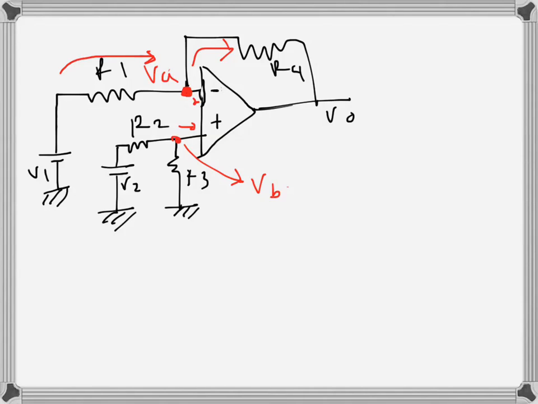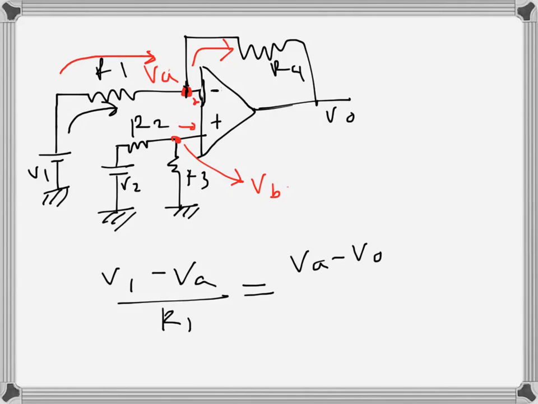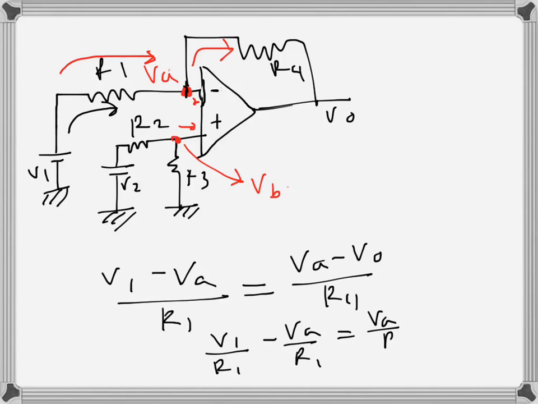So I can write the expression: (V1 minus VA) over R1 is the current going this way, and it will be the same as the current leaving point A, which is (VA minus V naught) over R4. So I can rewrite it like that: VA over R1 and VA over R4 minus V naught over R4.